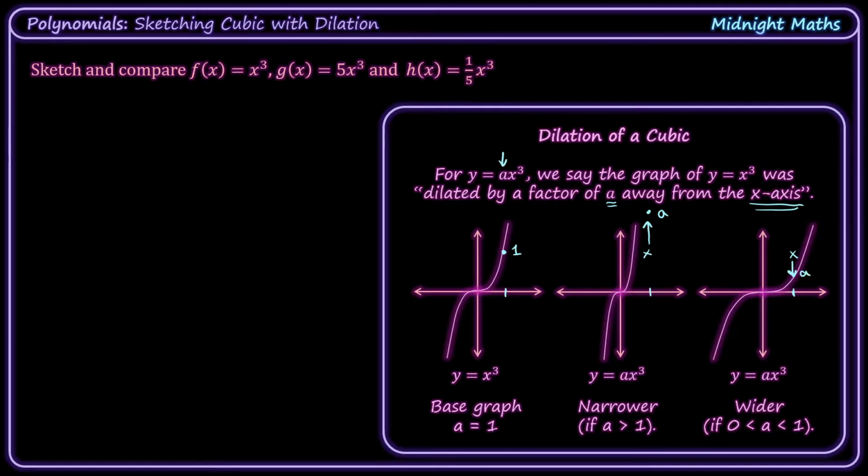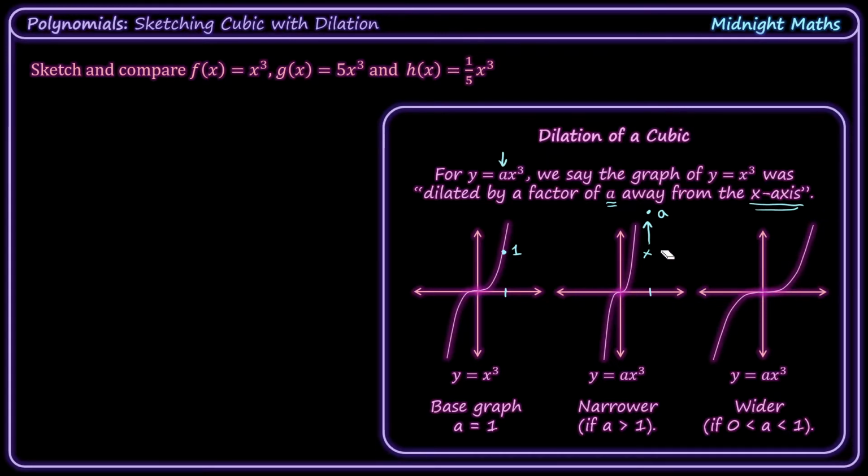So whenever you multiply your cubic by a, if a is a large number, it's going to stretch all the y values away from the x-axis. And if a is a small number, it's going to pull all of those y values closer towards the x-axis and make it a little bit flatter.